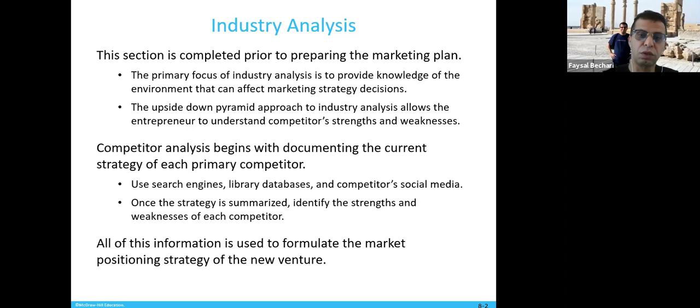Because we want to know where their strength and weakness are, work on their weakness, and provide our edge on that. All of this information is used to formulate the market strategy of the new venture.